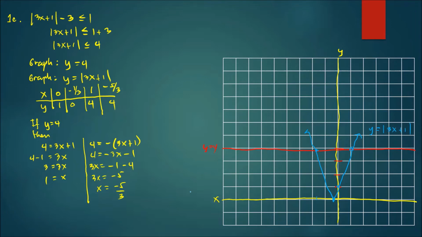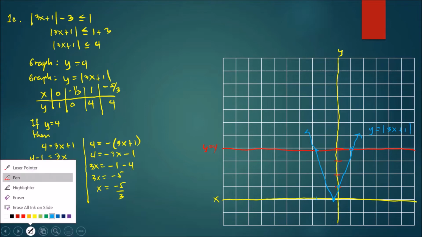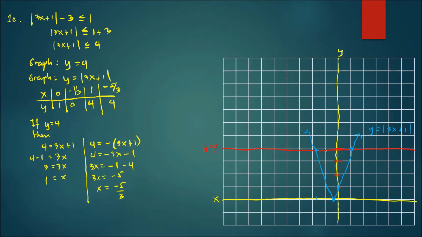Okay. So to find the solution set, we are looking for all the values of x that is less than or equal to 4. So meaning if it is less than, it should be under this line. So looking at our graph, we are interested with those below the line y is equal to 4. So we are talking about this part. Okay.